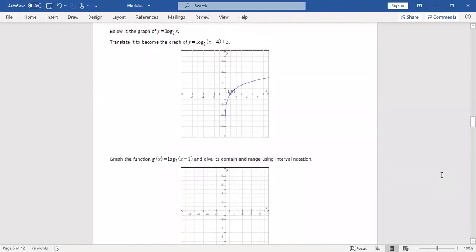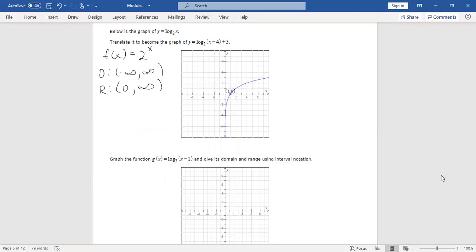Now let's talk about graphing logarithms. So remember when we talked about exponential functions. So what did we say when we had an exponential function? I'm going to take an exponential growth problem, we know that the domain is all real numbers. And we know that the range goes from 0 to infinity.